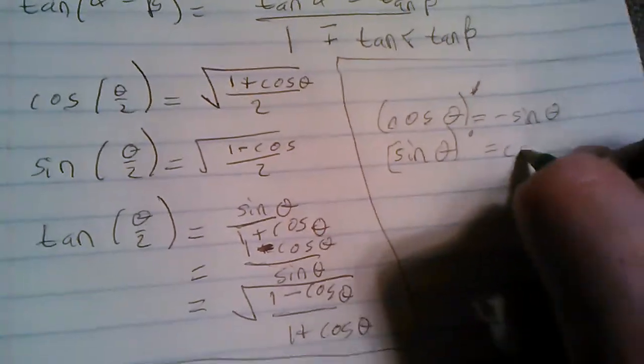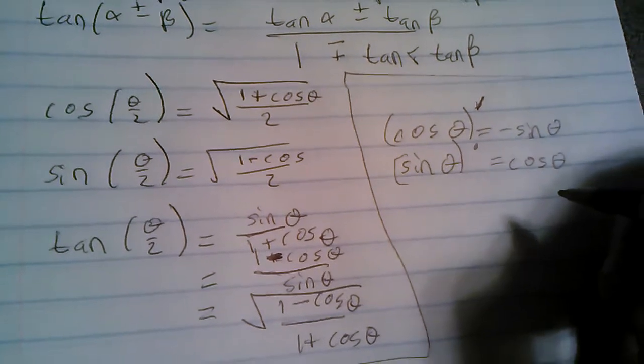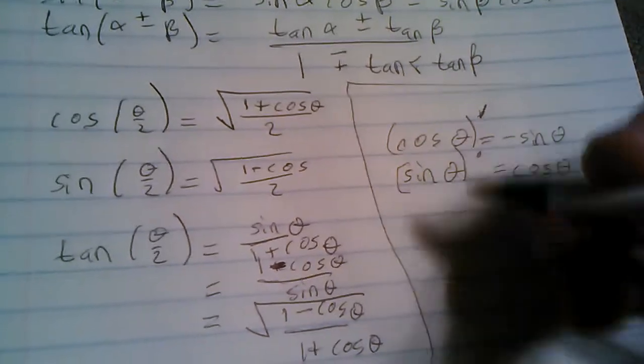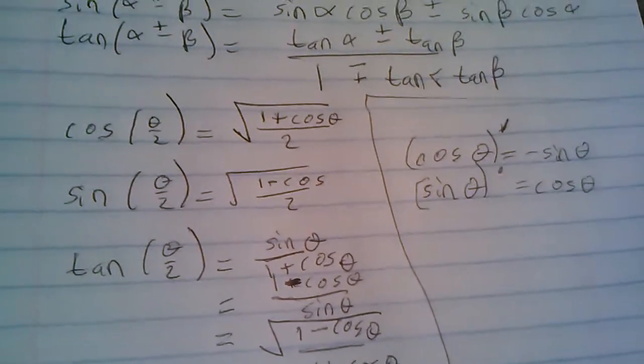Derivative of sine of theta is cosine of theta, and that isn't the official marking. I'm just kind of writing it down like that. And from there you can get everything else. I guess I could do the rest, but if you just derive it any other way, it's just a way to remember it. So that's all I got.